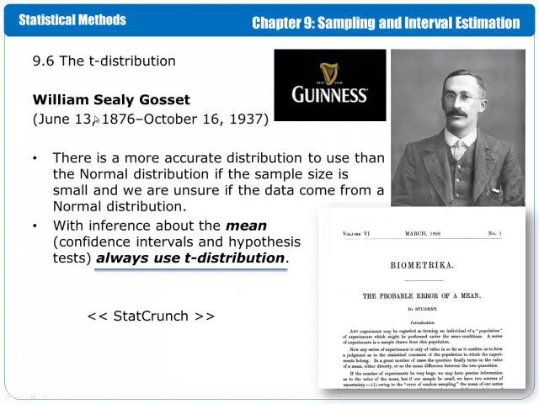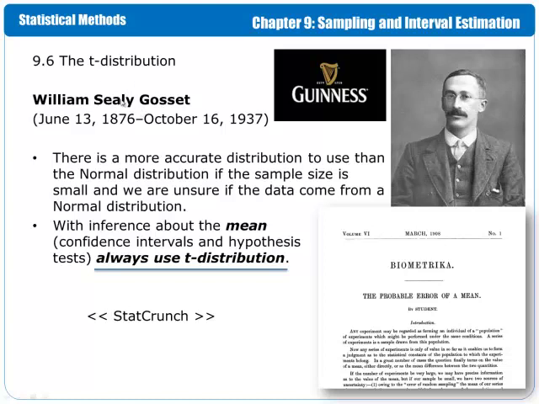William Seeley Gossett created an adjustment for the distribution that would work with small sample sizes. And here's a paper. This is a very famous paper that he wrote in 1908 about it. It's referred to as the t-distribution.